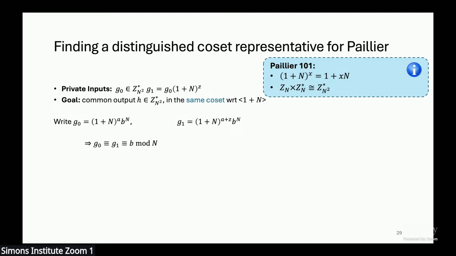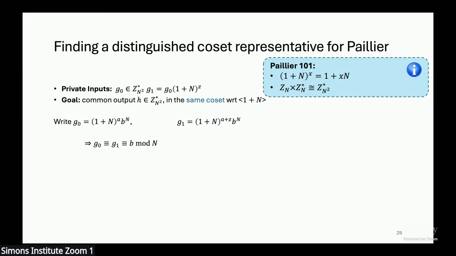Because these things are in the same coset, when we do this isomorphism we always get the same b on the right-hand side, because these elements only differ by some power of 1 plus n. So in particular, if we take G0 and G1 and reduce them modulo n, the 1 plus n part disappears, goes to 1, and we get b modulo n, and they get the same value.